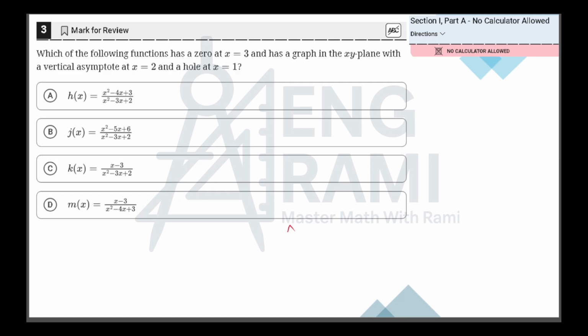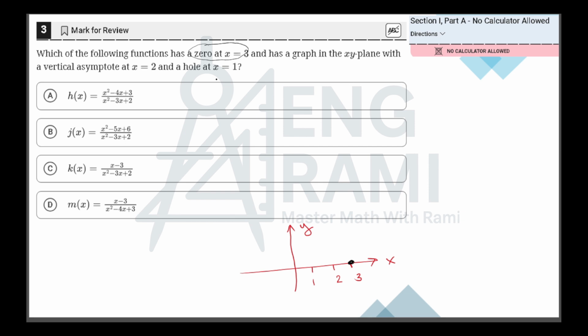If we have a graph with an x and y axis, at x equals 3, y equals 0. A zero at x equals 3 means we have a root at x equals 3.